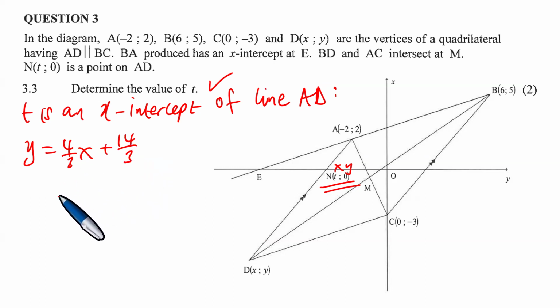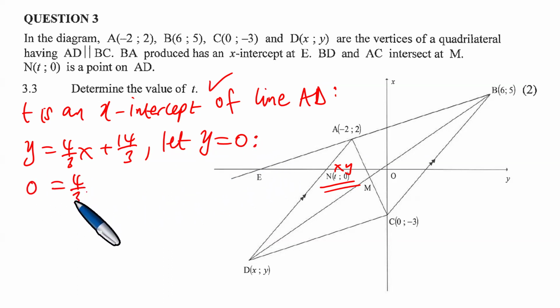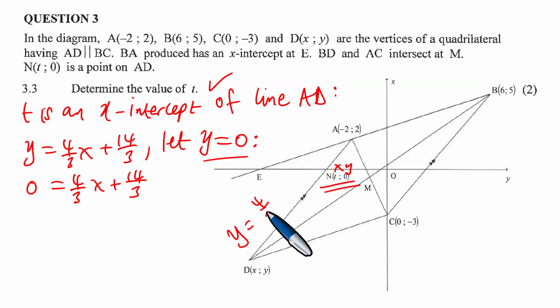Now to find the x-intercept, you let y be equal to 0. If y is 0, then 0 equals 4/3x plus 14/3, because to get the x-intercept you let y be 0, and you already know the equation of this line.